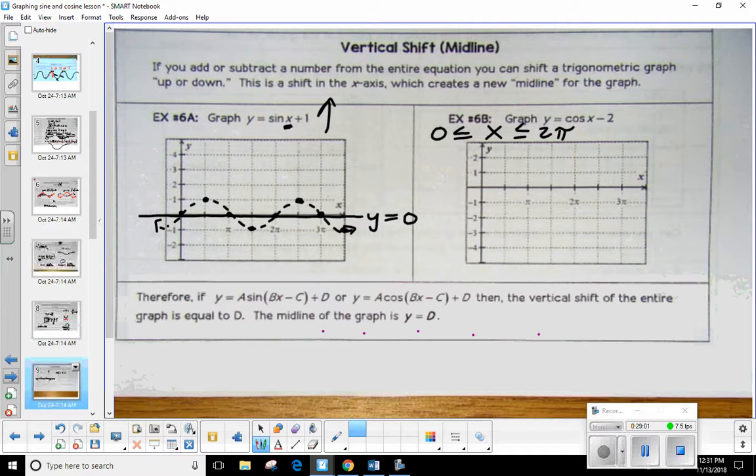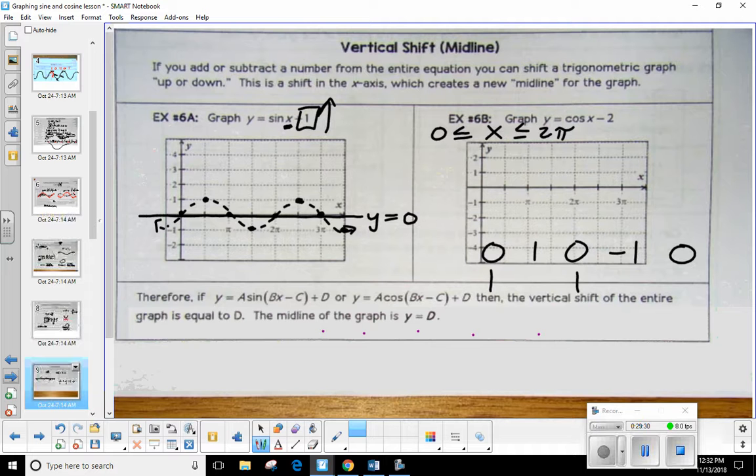Now, let's go to your critical values. What are the critical values for sine? Remember, it was 0, 1, -1, and then 0, right? This is the first one where we have a transformation that's changing these. What's happening outside? I'm just going to add 1. So every one of these y values, because it's not in parentheses, I'm going to add 1. So 0 plus 1 is 1.